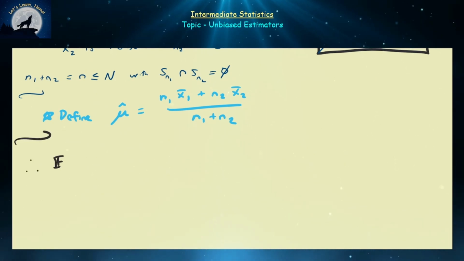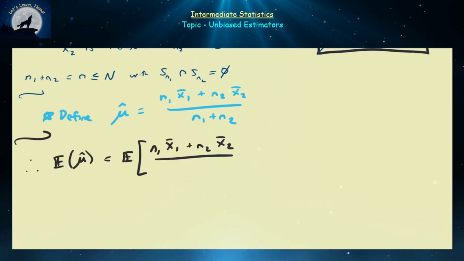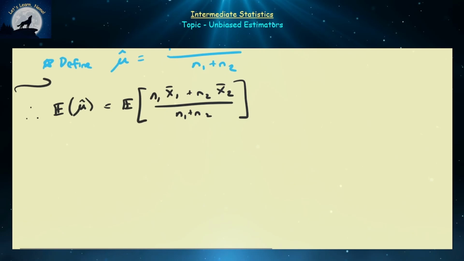So the expectation of mu hat is going to be equal to the expectation of this newly defined object. n1 just a number, x bar 1 a random variable, n2 just a number, x bar 2 a random variable, and then n1 plus n2 just a number. So since 1 over n1 plus n2 is just a number, we can factor that out. So we're just going to be left with 1 over n1 plus n2 times the expectation of this object.